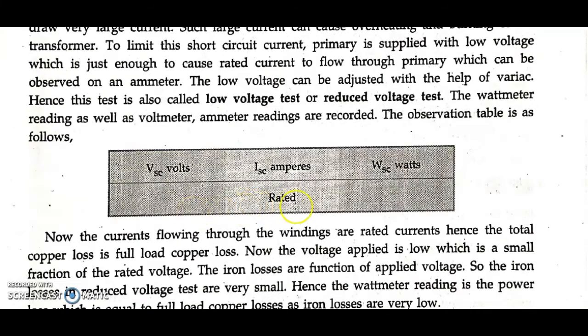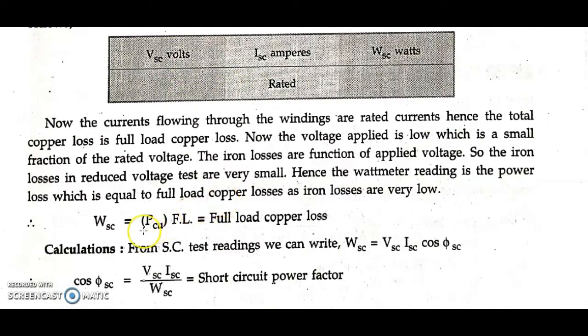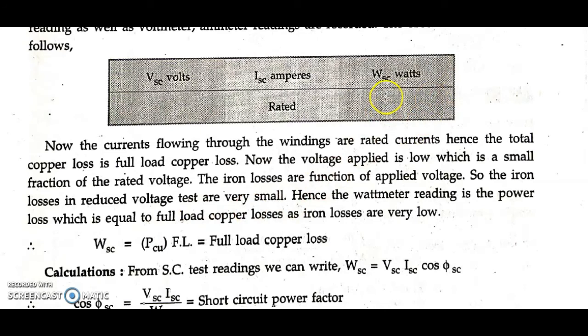By looking at this we can easily calculate again. Whatever your wattmeter WSC reads will be the full load copper loss. Why, when no load is connected? If you short the secondary, that itself is the load. It's not that there should be a resistive, capacitive or inductive load; even if you short it, that will act like a load.